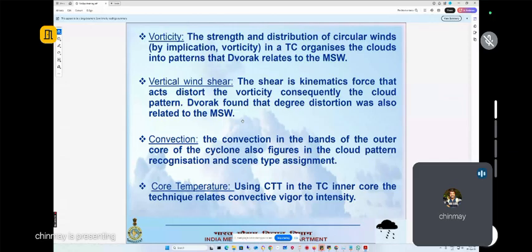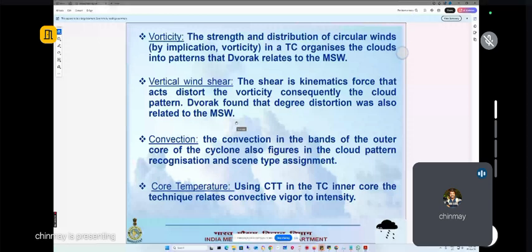It is not the only thing that decides whether it will intensify, but it is one of the things. After a cyclone reaches a particular intensity, it is not much affected by vertical wind shear. Only in the initial stages, when the cyclone is not very strong, is it affected by it.